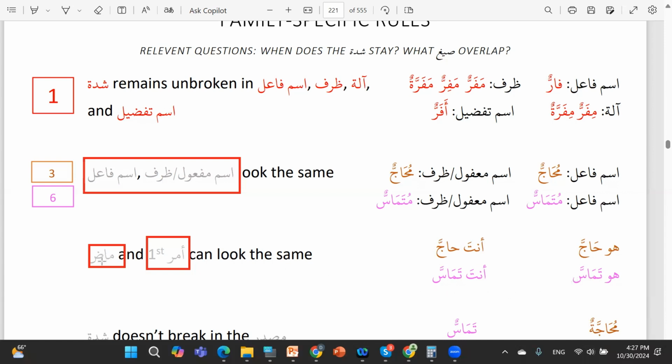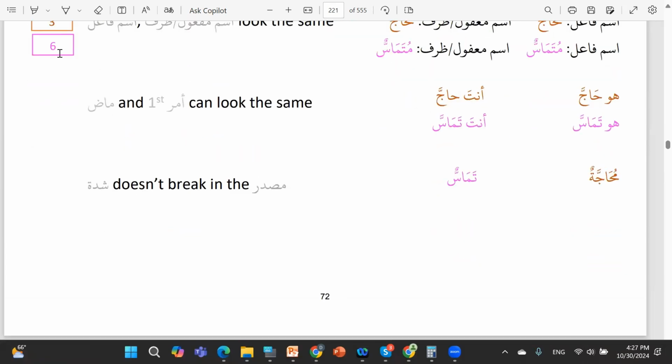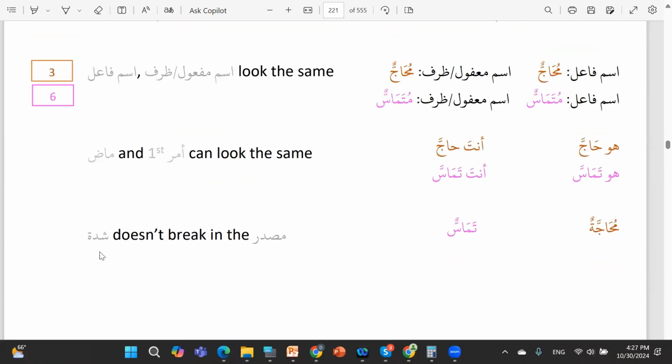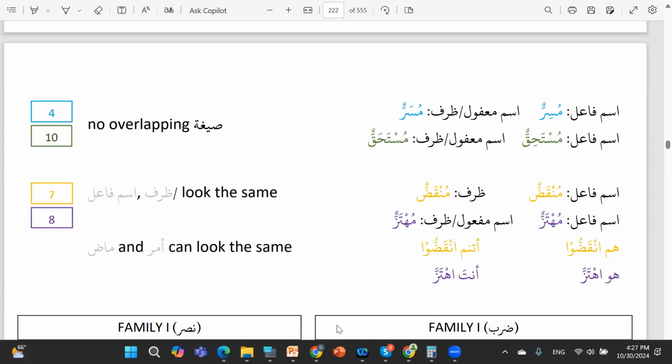So the huwa version of past tense and the anta version of amr, first form, have a shadda and the fatha. Now in these families, the third and the sixth, the shadda doesn't break in the masdar: muhajjatun, tamassun.